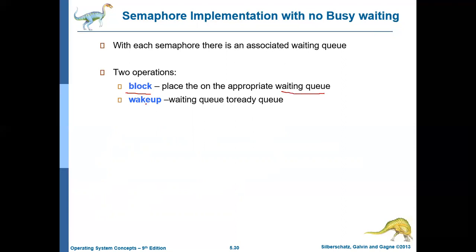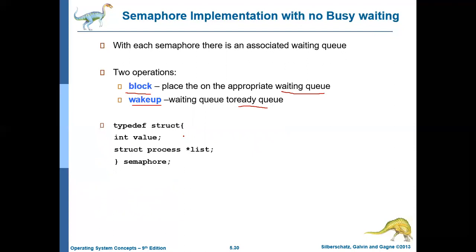If the resource is available, then the process will be moved from the waiting queue to the ready queue. If a process is kept in the waiting queue, it is said to be blocked. Whenever a process moves from the waiting queue to the ready queue, it is said to be waking up.